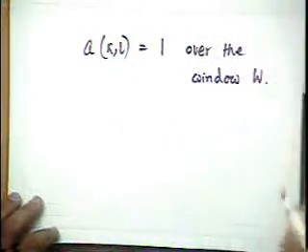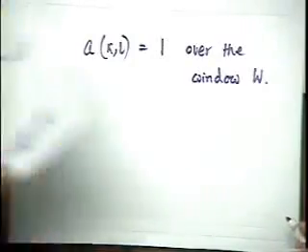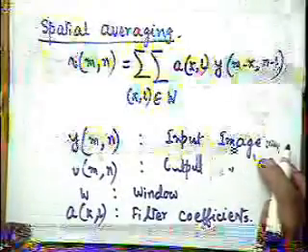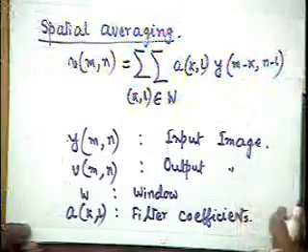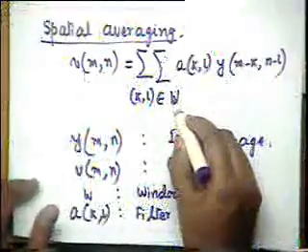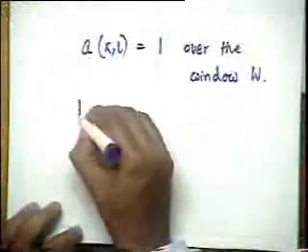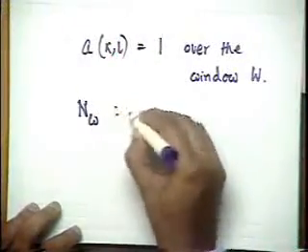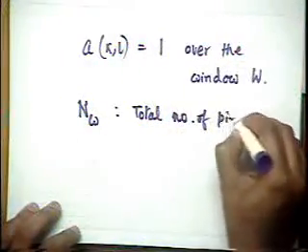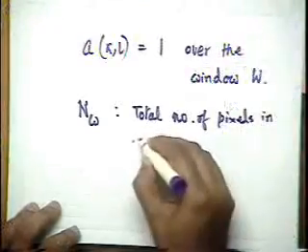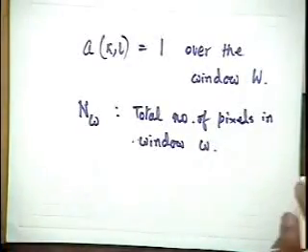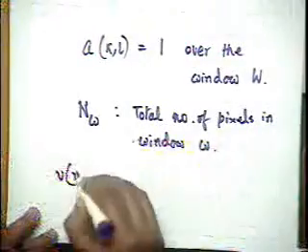If I do that, then what am I doing over here? I am simply summing up the pixels. And now if I consider that the total number of pixels in this window W is equal to N_W, where N suffix W is the total number of pixels in the window W, then if I write v(m,n), I just take a(k,l) equal to 1.